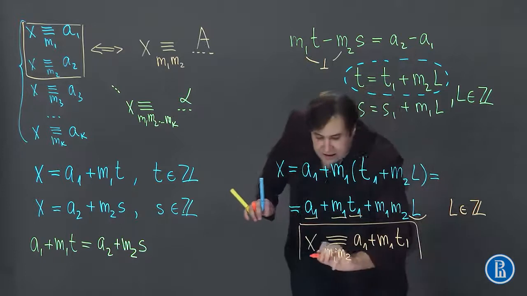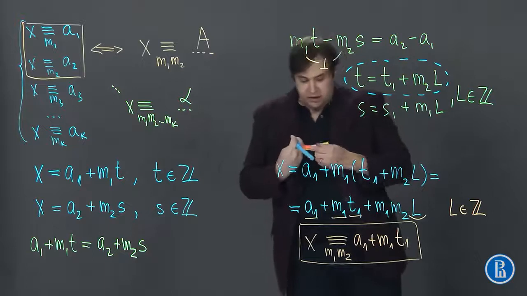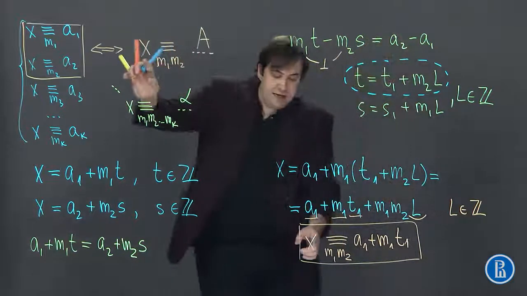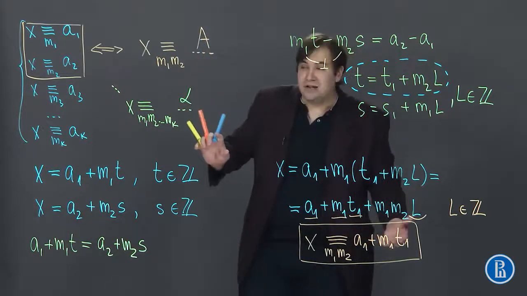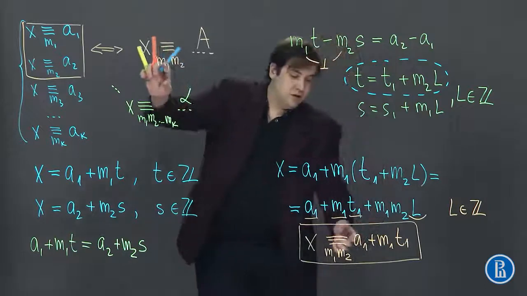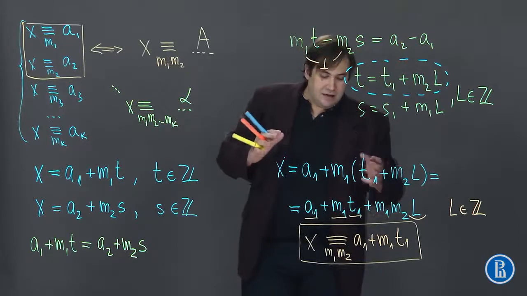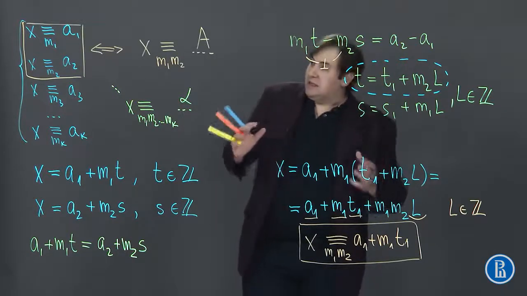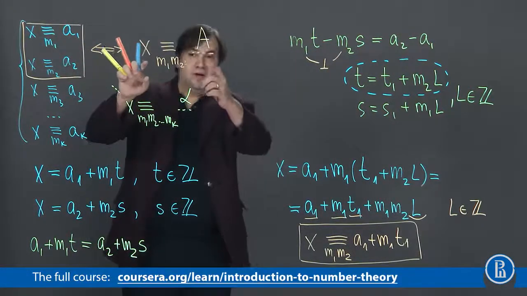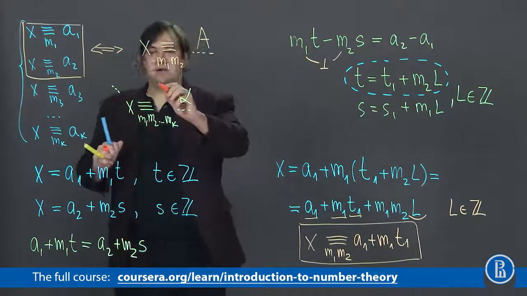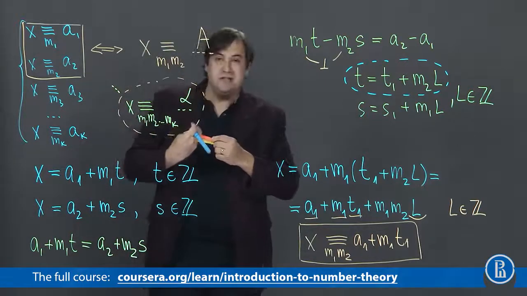And this is the congruence we want to reach, because indeed x is congruent to something. It doesn't matter what is written here. What matters is that it is congruent modulo m1 multiplied by m2. So this way we can replace pairs of congruences by one congruence until we reach only one congruence, and this will eventually prove the Chinese remainder theorem.